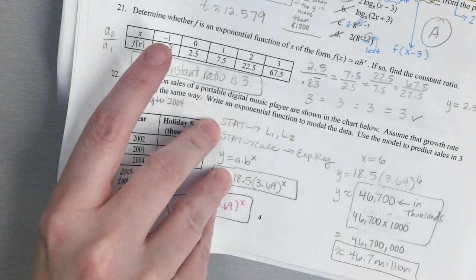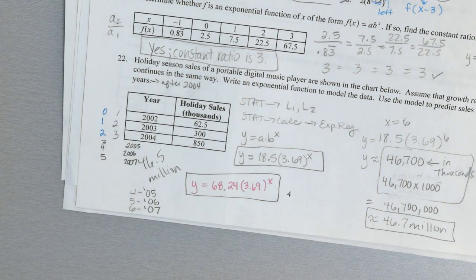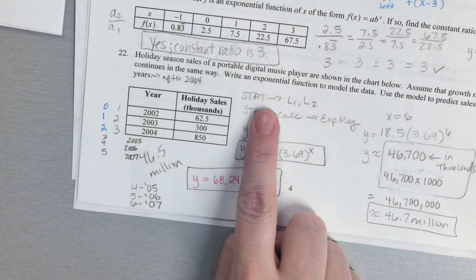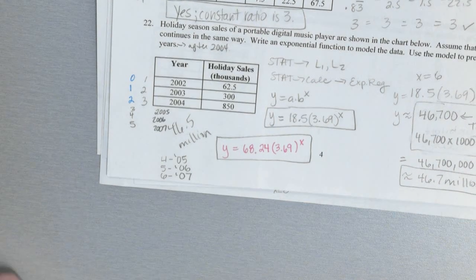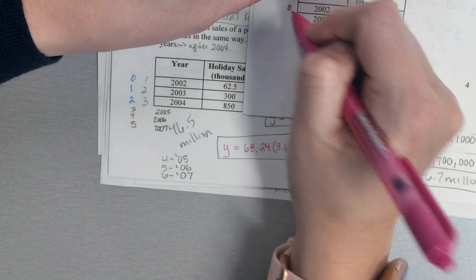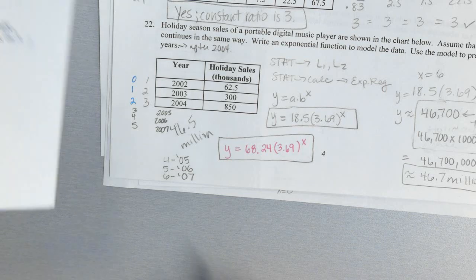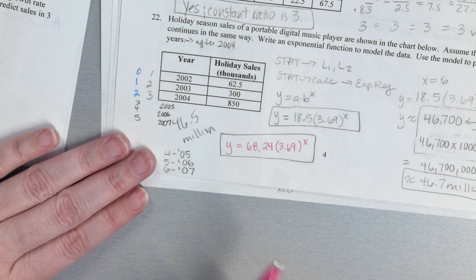All right, now 22, okay? Depending on what values you used for this, that's going to depend on what you got for your final answer. So the way that we do this is where you enter in your list, your L1 and your L2. You go to Stat, arrow over to Calc, do exponential reg. What I recommend is that you do the 0, 1, 2, or in this case, if you did the 1, 2, 3, that is fine. So if you did the 0, 1, 2, which is what we normally do, this should be your function.